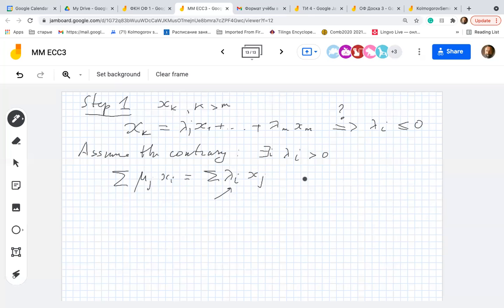And here all lambda i's are positive, and also all mu j's are positive. And here we have at least one term. And now we make the same trick. We multiply the left-hand side by the right-hand side. And the right-hand side is non-zero because we have here at least one term, and this is a linear combination of vectors from our system. Sorry, I should write here xi.